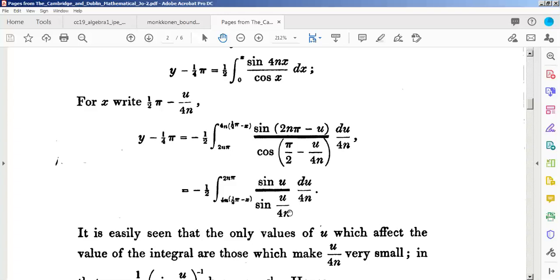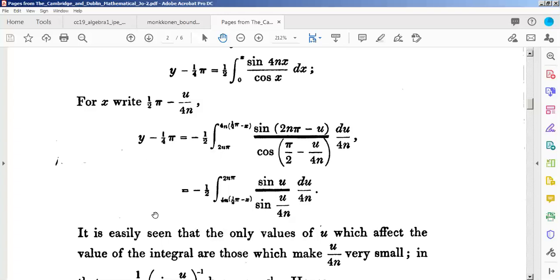Why do you need a new expression for y sub n? Because from the original one, it's not clear at all what happens as n goes to infinity. The convergence or divergence behavior is not clear. But when you do this substitution, things start to become more clear.